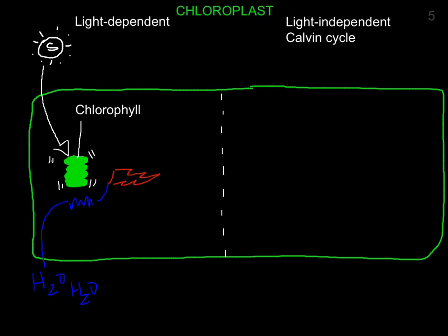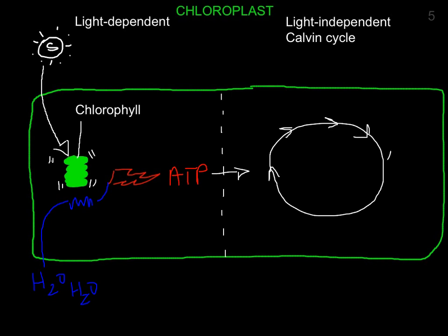And what that is going to do is it's going to produce our powerhouse of the cell, ATP. Now ATP is going to enter into the Calvin cycle, and it's going to run a series of chemical reactions that feed off one another.